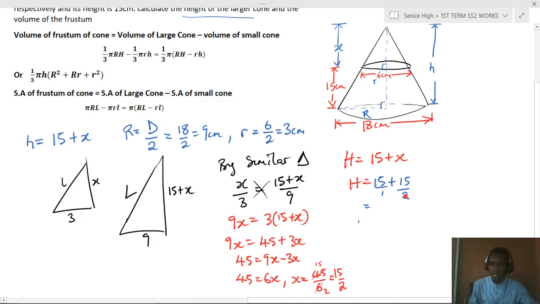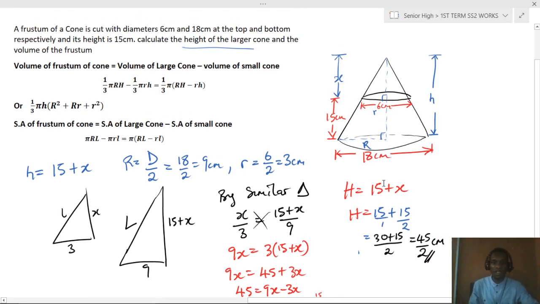The LCM of 1 and 2 is 2. 2 divided by 1 is 2, times 15 is 30. And then 2 divided by 2 is 1, times 15 is still 15. That will be 45 over 2. And that's our answer: our height is 45 over 2 centimeters.